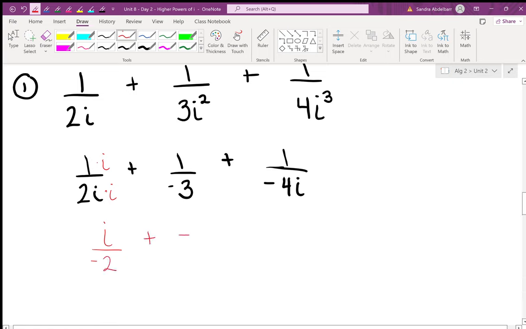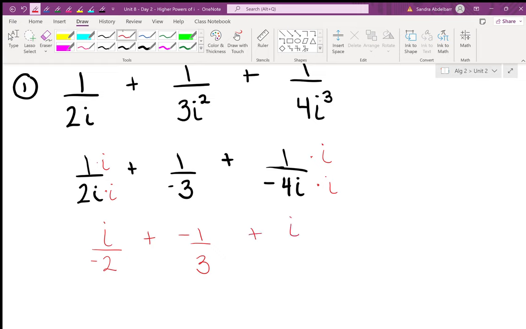I do not need to rationalize negative 1 over 3. And for the last one, again, I'm just multiplying by i, and I'm going to be left with i over positive 4. How come I got positive 4, not negative 4? Matt? Perfect, because we originally had a negative 4 in the denominator. i squared is negative 1. So it's negative 4 times a negative 1, which gives us that positive 4.